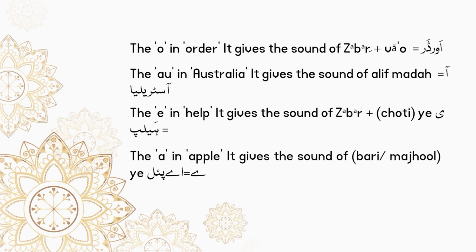We write apple word in Urdu with short form of ye, but when we pronounce it, it gives the sound of badi ye or yae majhul. Apple. Alif followed by badi ye in its form. This a in apple gives the sound of yae majhul.